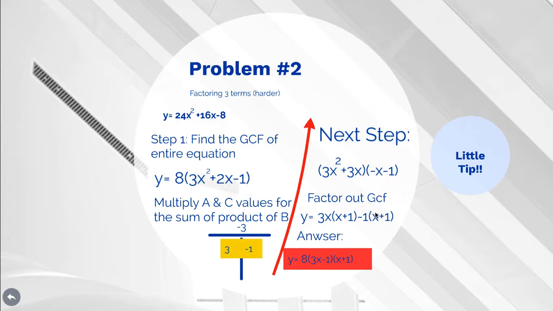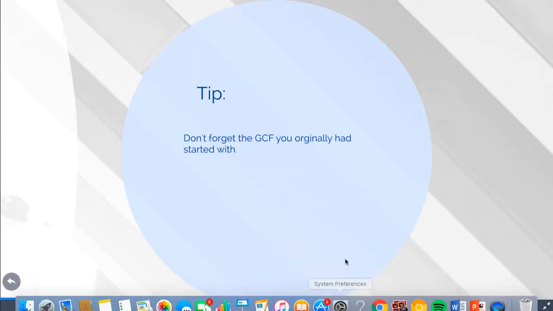Then factor out the GCF, and your equation will be y equals 3x(x plus 1) negative 1(x plus 1). Then your answer will be y equals 8(3x minus 1)(x plus 1). A little tip, don't forget the GCF that you originally started with.